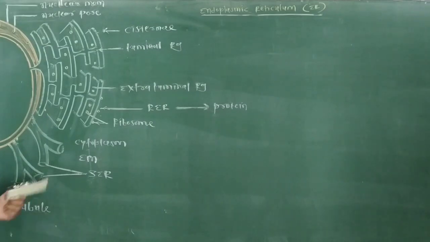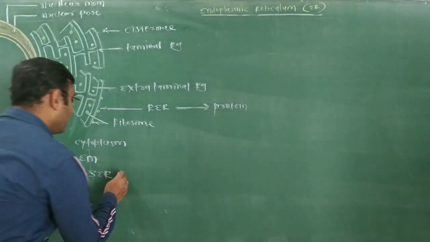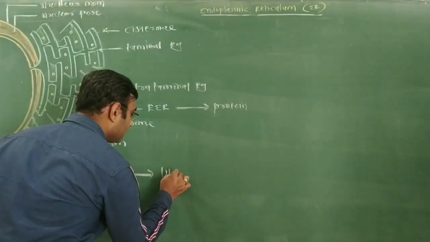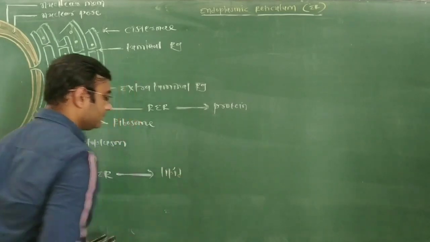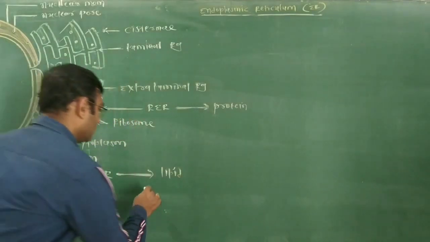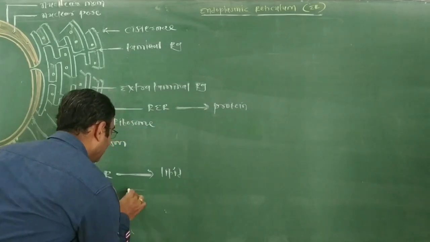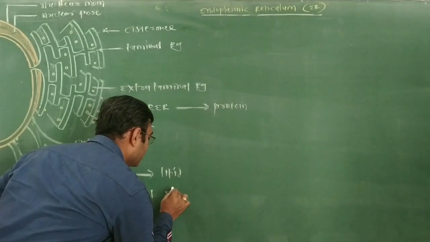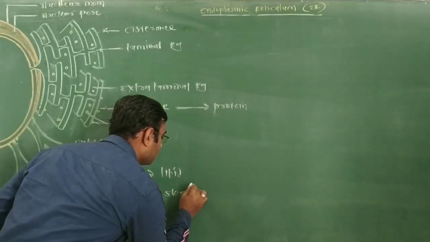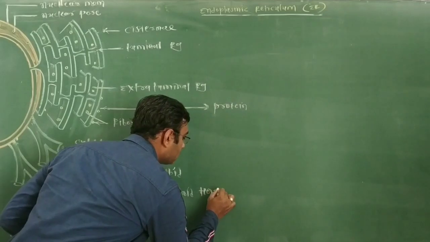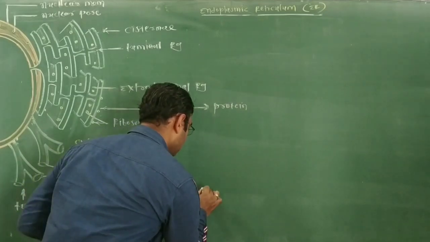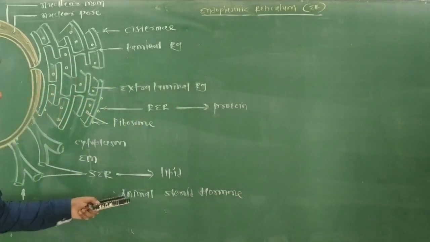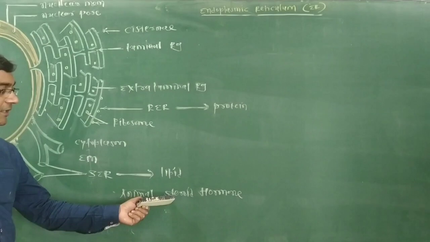Now next one, that is smooth endoplasmic reticulum. Smooth endoplasmic reticulum has no ribosome, and it synthesizes lipid. Animals produce various categories of steroid hormones.